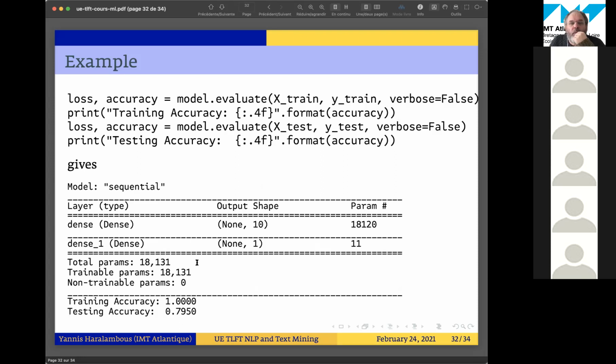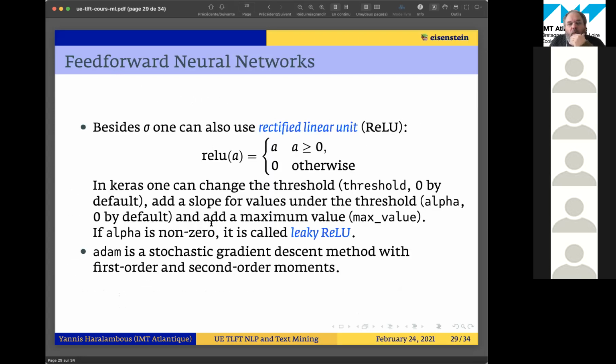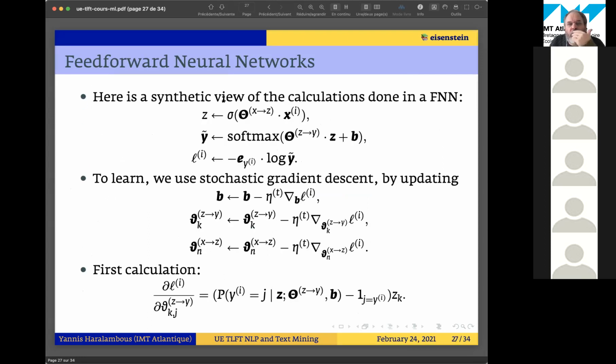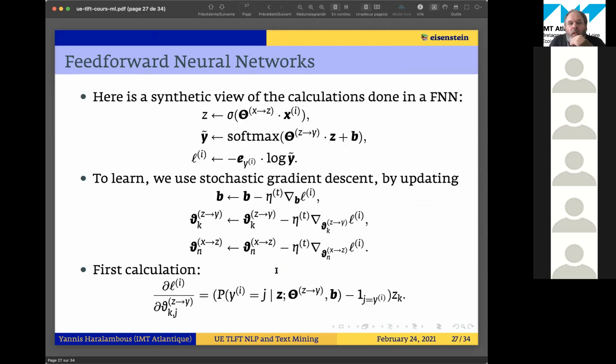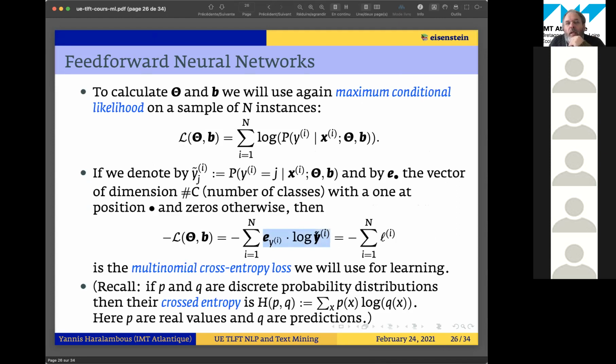So to resume, we have seen these 3 classifiers, and I hope now you see the meaning of this notation, the relation between neural networks and logistic regression, and the tricks we used, for example, the trick of using probabilities as features inside the network, and also representing this loss as a cross entropy.